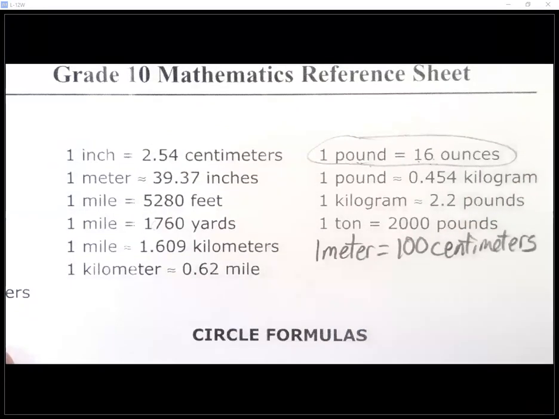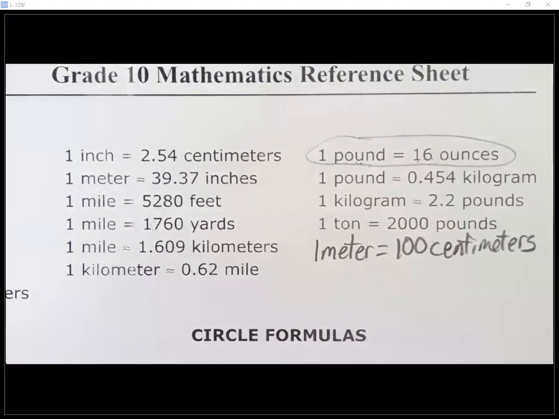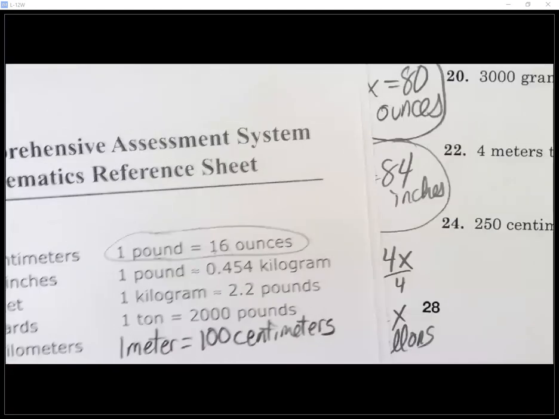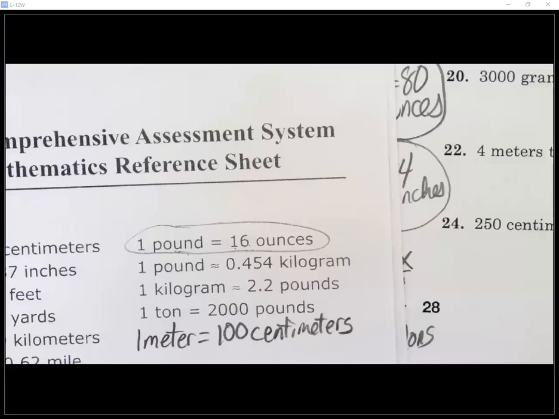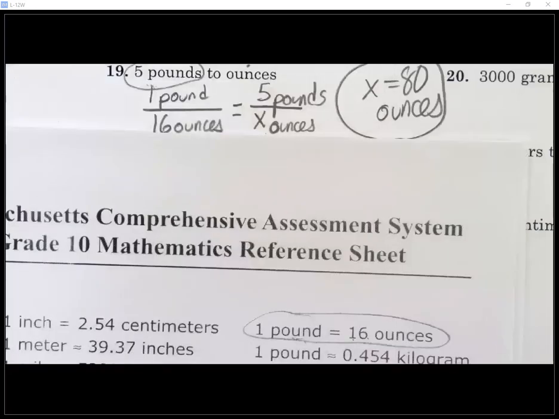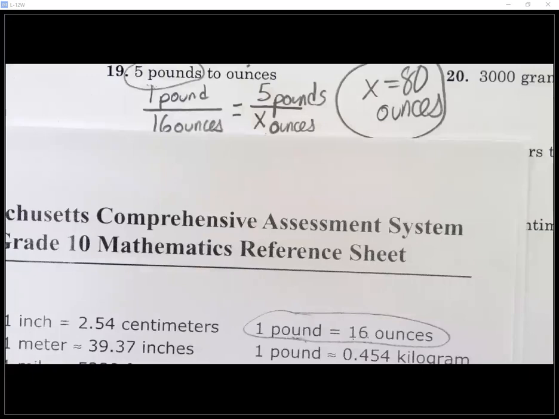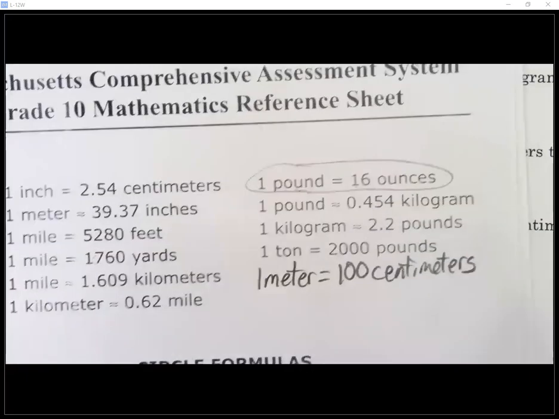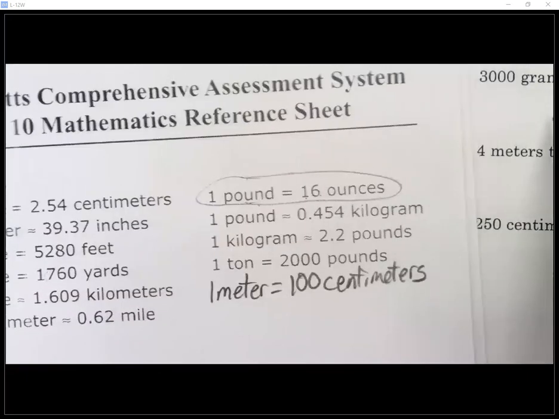Okay, so I think for homework, let's do... Oh, I thought there was kilograms. Here's kilograms. So there's kilograms and pounds. Oh, okay, let's add that then. There would be 1,000.